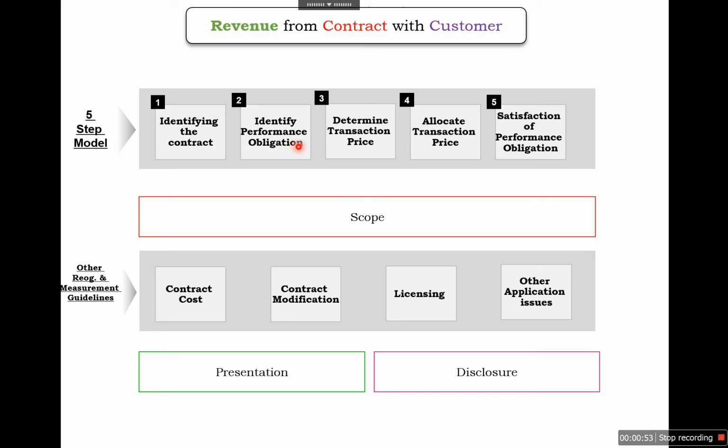In the third step, we need to identify the transaction price for a particular performance obligation, and if there are more performance obligations in a contract, then we need to allocate the transaction price among the performance obligations. And the fifth step is to recognize the revenue once the performance obligation has been satisfied. Apart from it, it provides some guidelines about the accounting of contract cost, contract modification, licenses, and other application issues also.